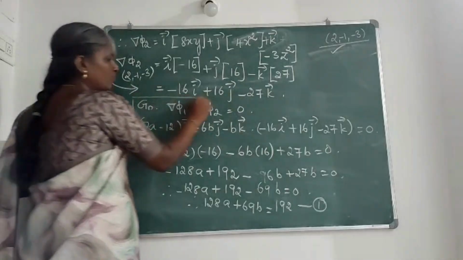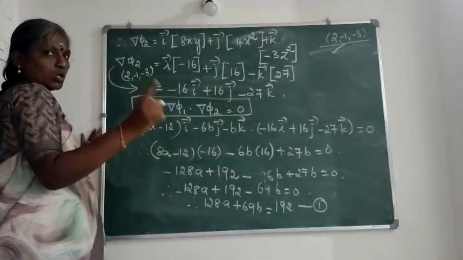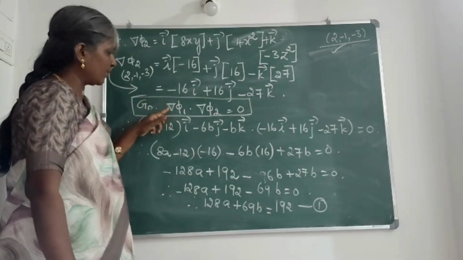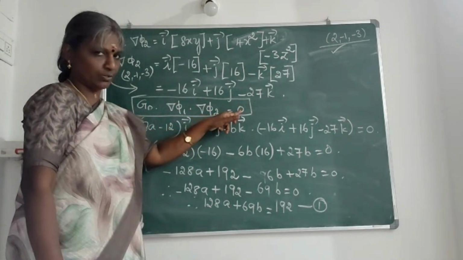Now in our problem, what is the condition? We have two surfaces that may cut orthogonally. Already I taught you the formula: del pi 1 dot del pi 2 is equivalent to 0.